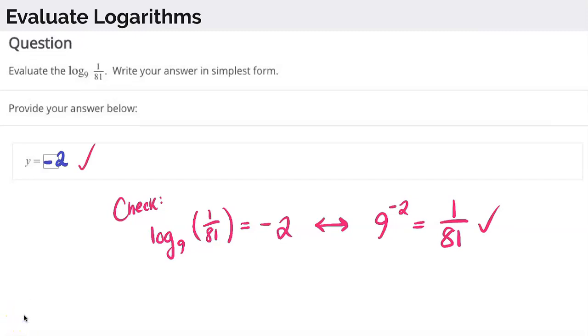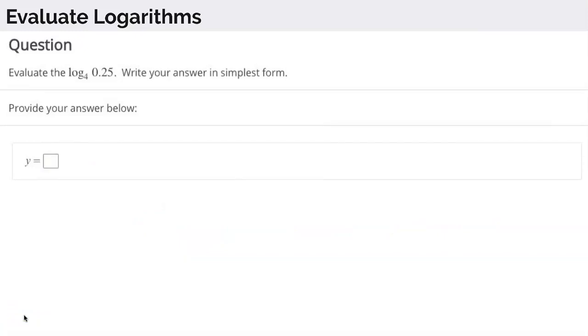Okay, and let's just look at one more. This one is a little bit trickier just because of the way it's written. This is asking for log base 4 of 0.25. But if we think about what 0.25 is, that is equivalent in fractional form to 1/4.